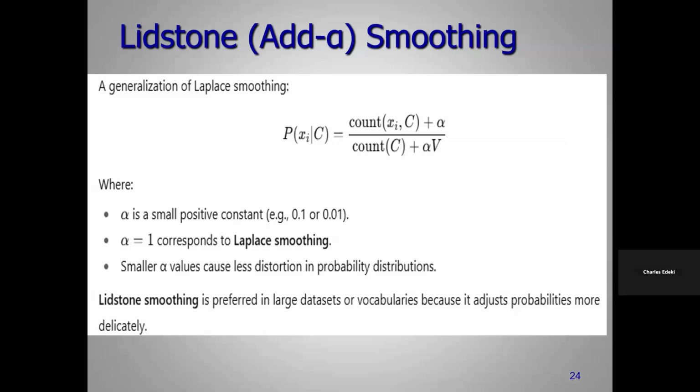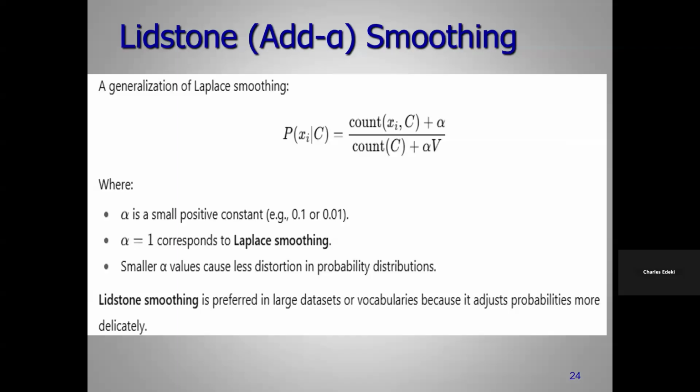So that's all we can say here. The final thing I can say is that the benefit of Lidstone is that you have the option of using values greater than 0 all the way to 1. So we may say that it is flexible. Lidstone smoothing, theoretically, is more flexible.